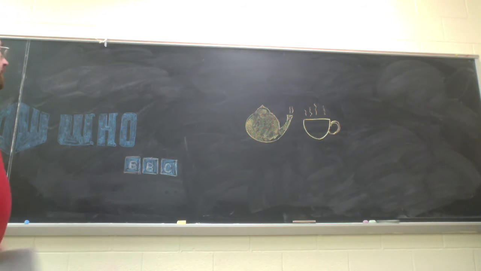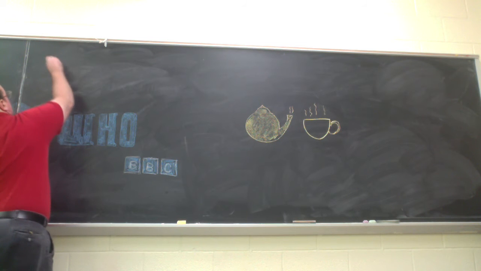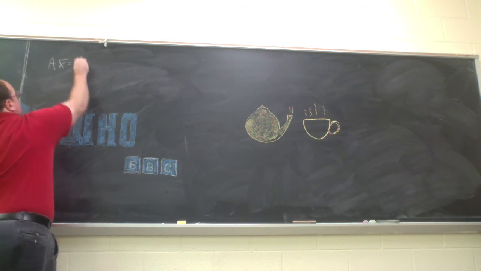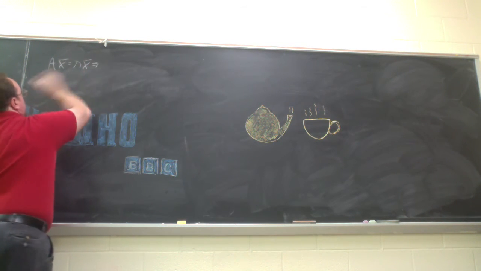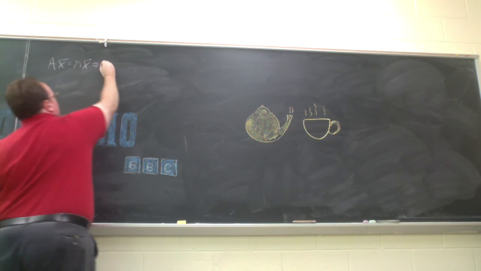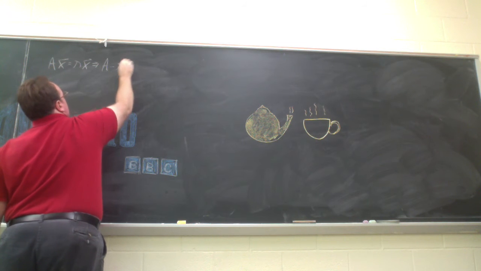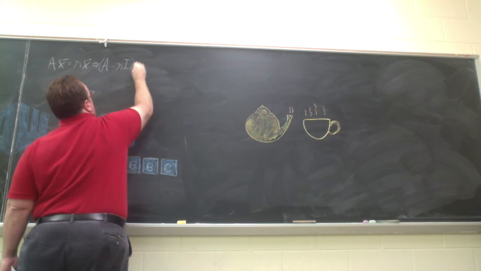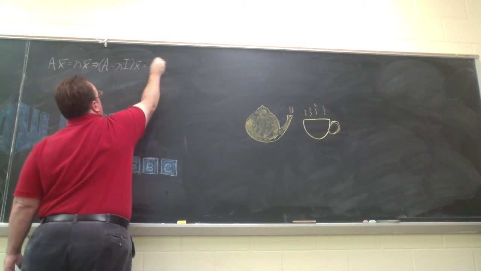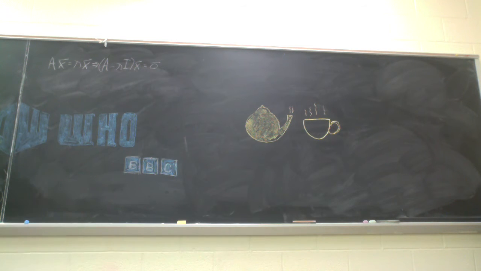So, starting from the definition, Ax equals lambda x, I'm just going to rearrange this, put everything on one side. So I have A minus lambda times the identity, times x, is equal to the zero vector. I just put everything on one side and factor out an x on the right side.